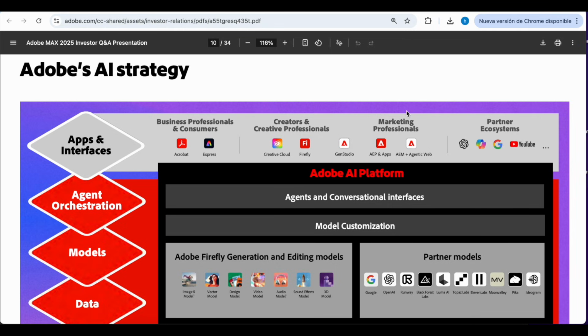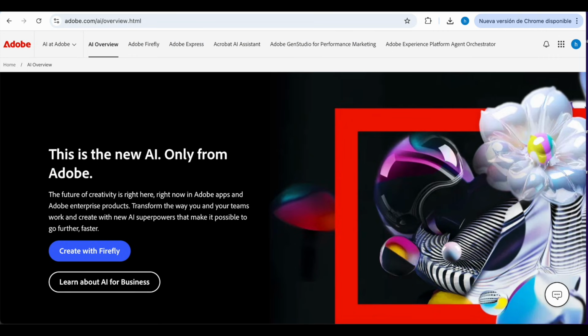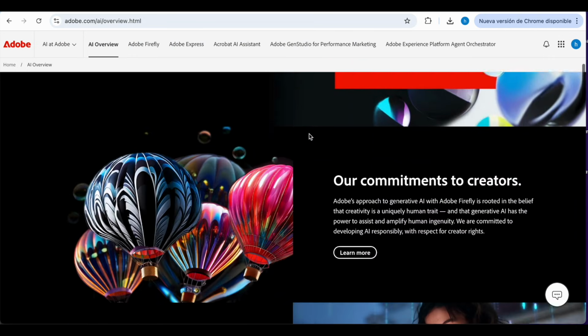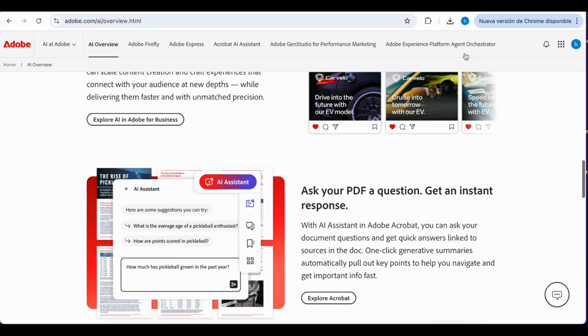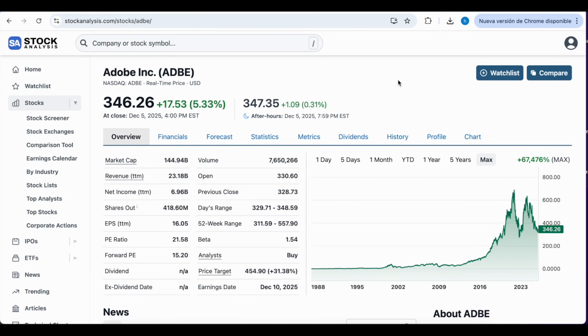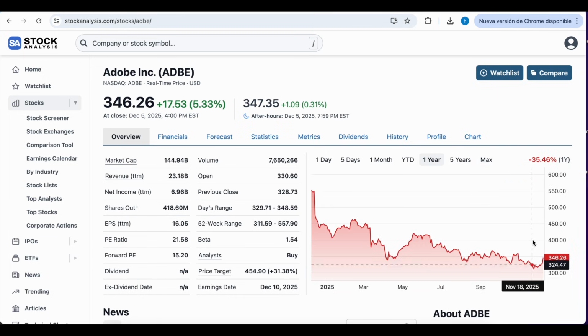And Adobe, in a sense, will benefit with AI, which they are already making through AI integrated features. And in summary, I believe Adobe will not be disrupted by AI. The fundamentals are just getting better and better, and this is a good opportunity to buy a quality company at a discount. I decided to start a small position and dollar cost average on the way down if the stock continues to fall.